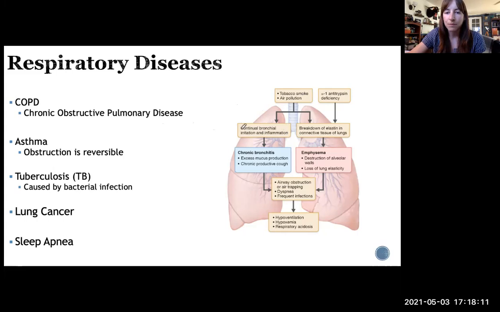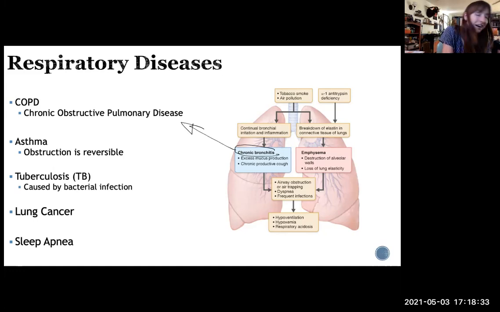Continual or chronic bronchitis. So if you are constantly causing inflammation to your bronchi by exposing them to tobacco smoke or air pollution, you can end up with chronic bronchitis, which is a cause of chronic obstructive pulmonary disease.